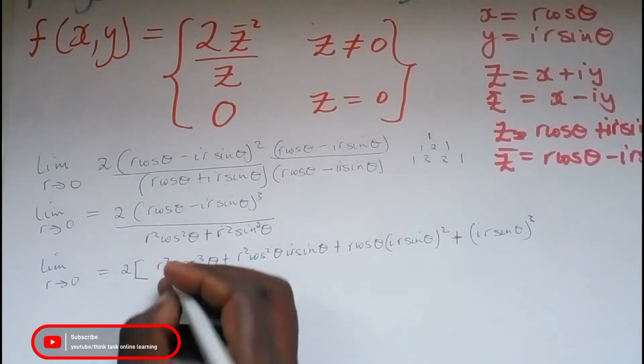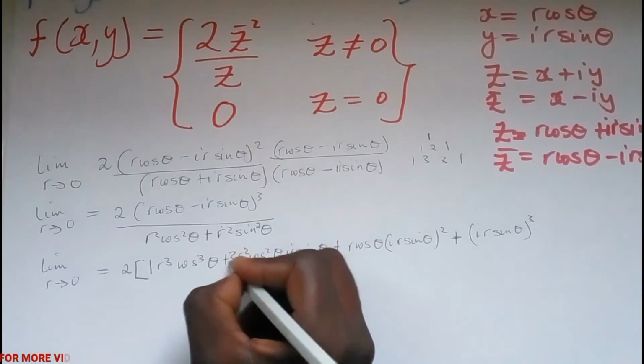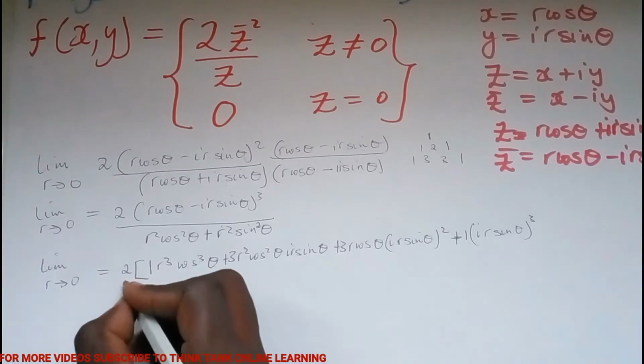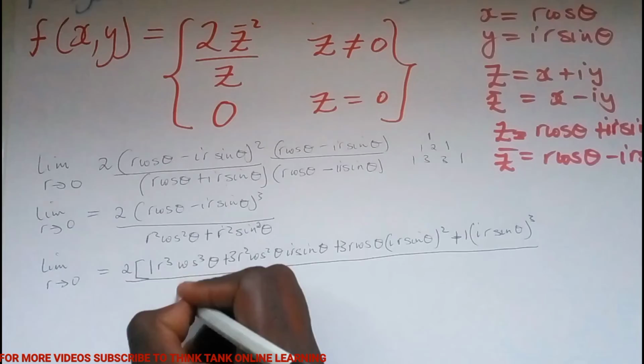And I'm going to put my coefficients: here it's 1, then 3, 3, 1.